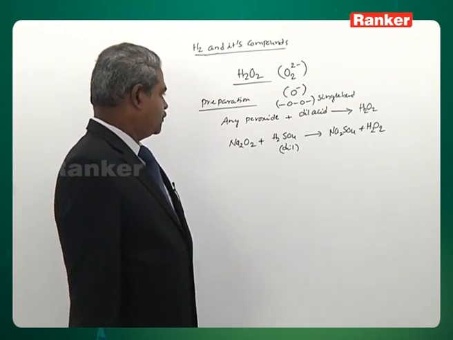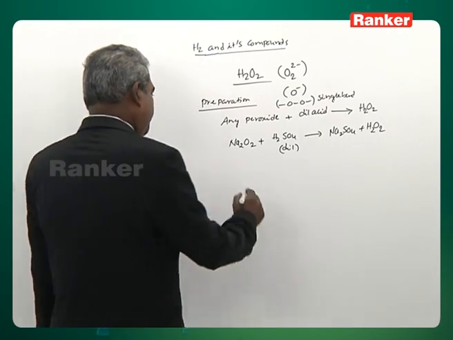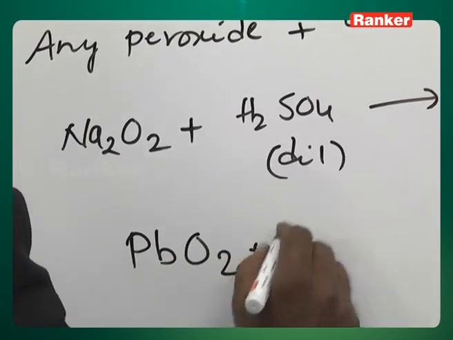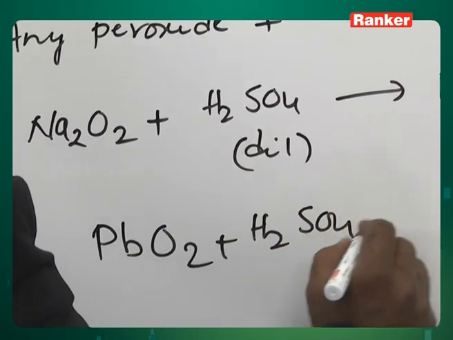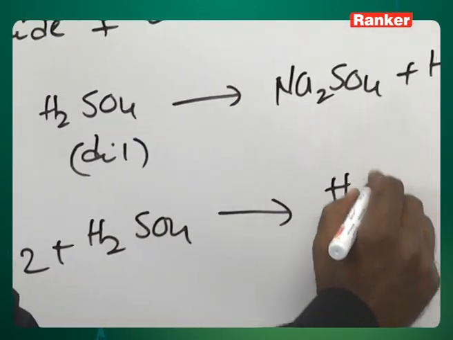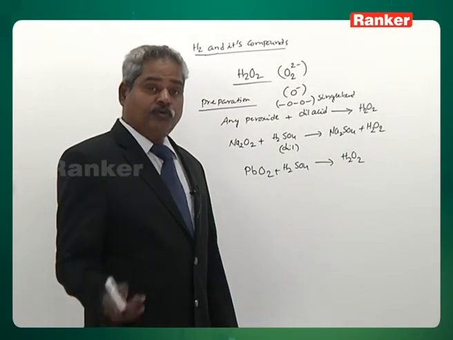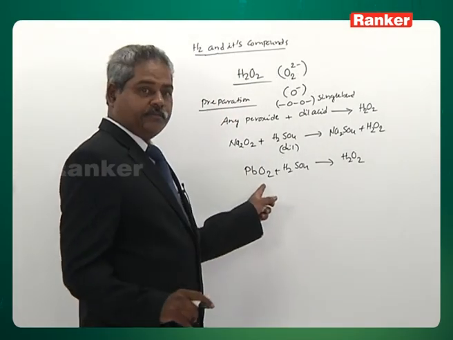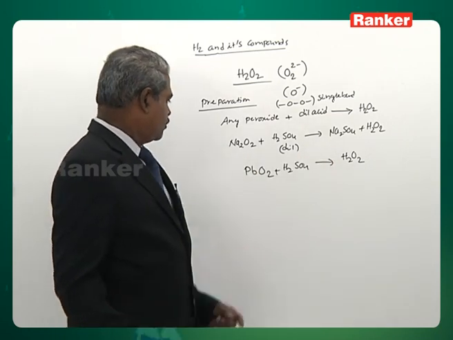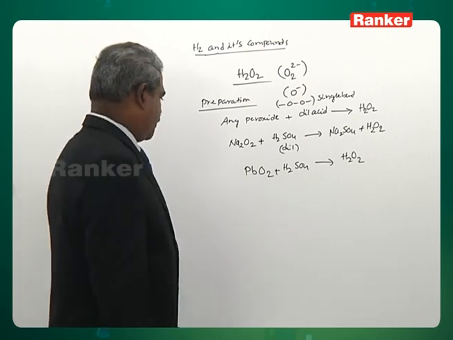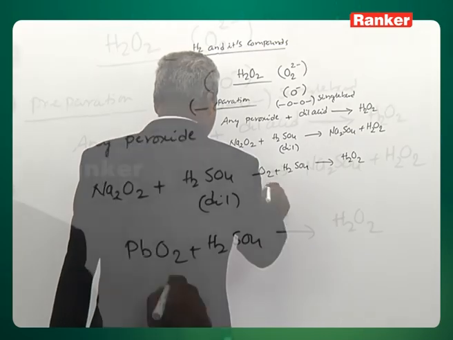H2O2. PbO2 plus H2SO4. Will you get H2O2? You will if this is a peroxide. But is PbO2 a peroxide? Let us see. Give minus 2 to oxygen, minus 4.